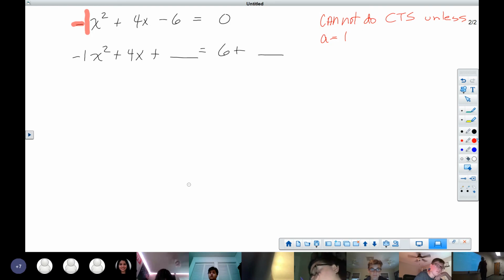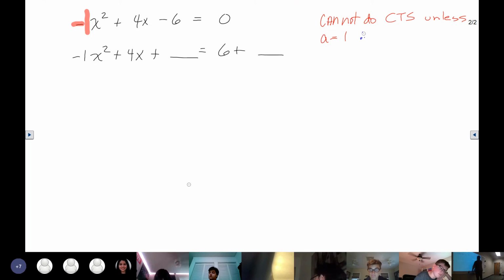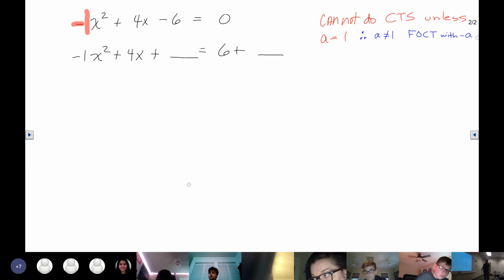So right here, I'm going to write in blue. Therefore, when A is not equal to 1, factor out common term with -A. In other words, you're going to have to factor out before you even complete the square. You got to factor out that -1.